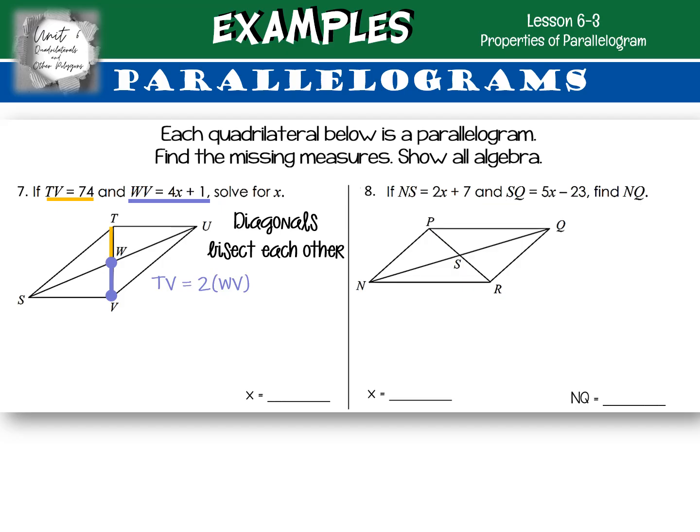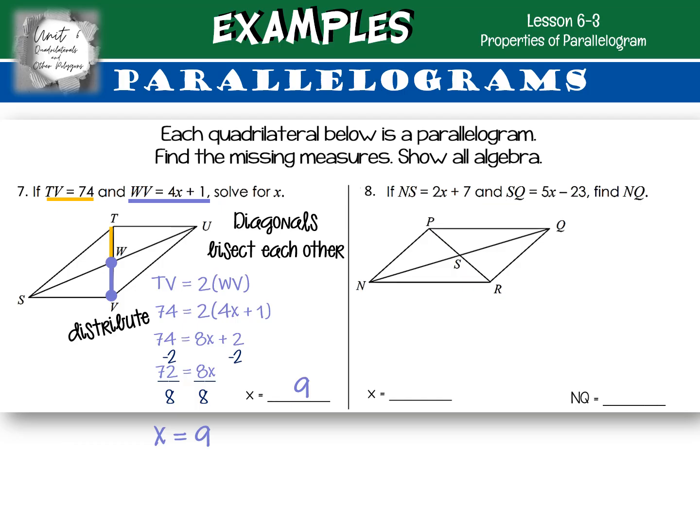TV is twice length of segment WV. Substitute everything in. We will need to distribute. So that 2 multiplies to the 4x plus the 2 multiplies to the 2. So 74 equals 8x plus 2. Subtract 2 on both sides. 72 is 8x. Divide both sides by 8 and x is 9.